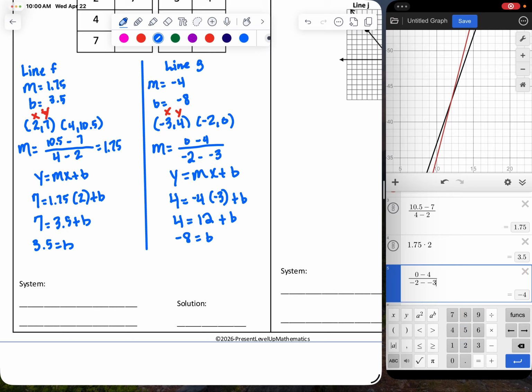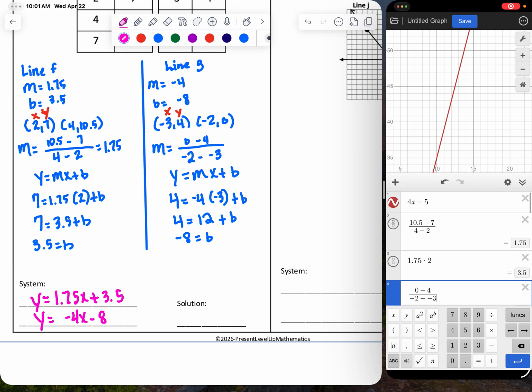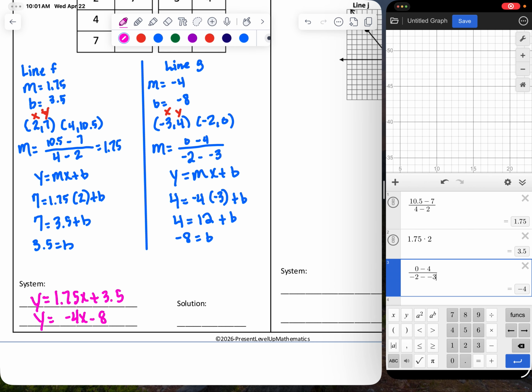So our system: y equals 1.75x plus 3.5, and y equals -4x minus 8. Now, because they did not give me a graph, I'm going to have to graph it myself on my calculator.